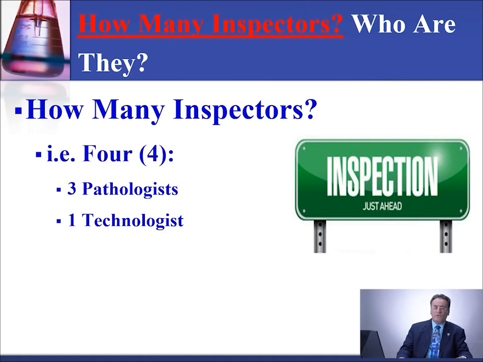Usually for the US labs, there will be the medical director of a laboratory and his technologists and supervisors. He brings his team with him, usually from the same lab. Unless he doesn't have, for example, a blood banker, then he will ask CAB to provide him with a blood bank inspector.